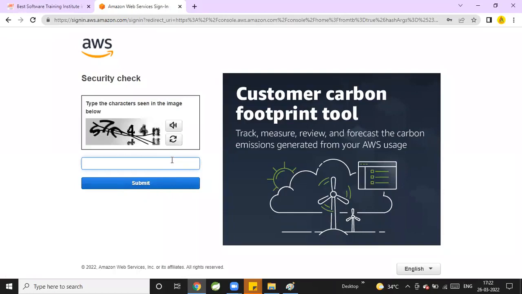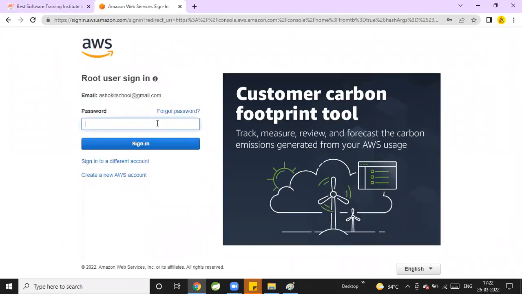Sir, I have stopped the 2 instances, but does the load balancer need to be stopped or is it deleted automatically? Stop it, or be ready for the bill. No, nothing will happen. It will be 2 or 4 rupees, just pay it. Okay. All right, so just stop it, guys.